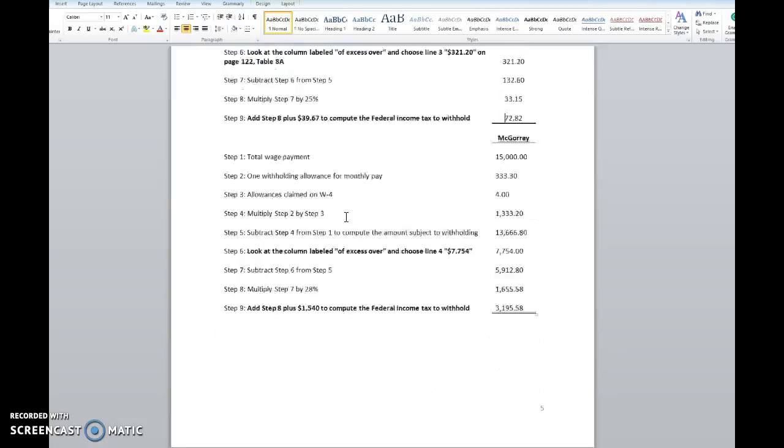McGorry, the same examples here, but in this one, this employee gets paid monthly. So the table that you will be using for him is table 4.